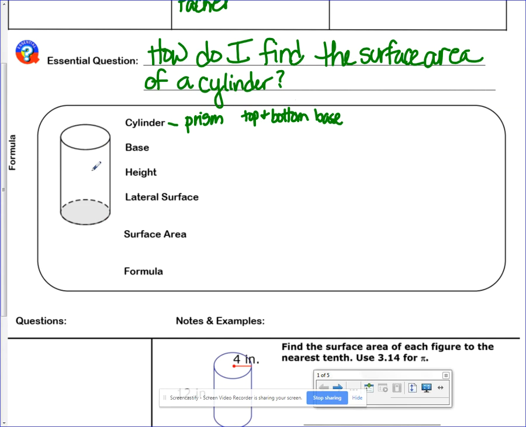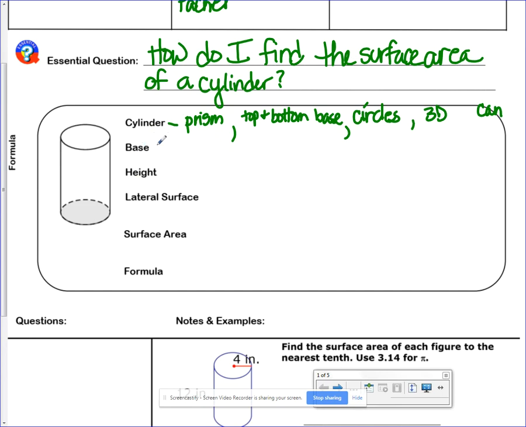And then you have a three-dimensional component to it because you have a height. So you have a base, and then it just comes straight on up. It's a top and bottom base, and it happens to be circles. It's three-dimensional. I always think of a can of something: soda can, soup can of tuna fish, Pringles, whatever.